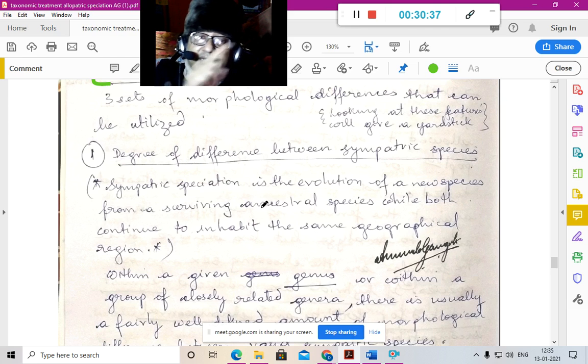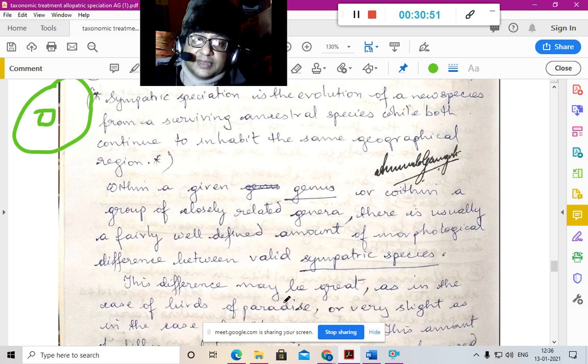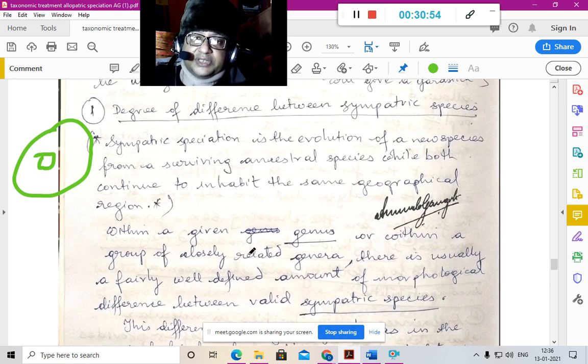In one big circle, a new species is forming from it, a small pinch of population. So you have to see how much difference there is between this species and that species.